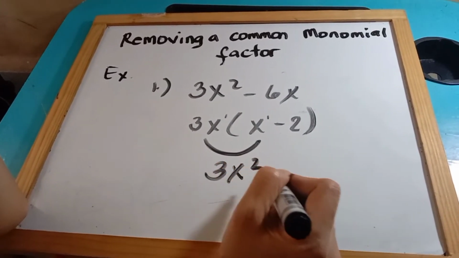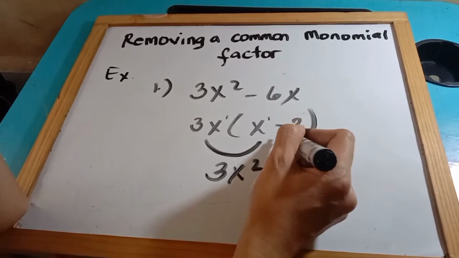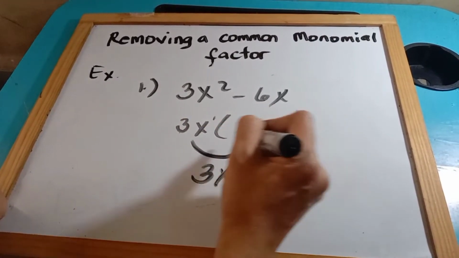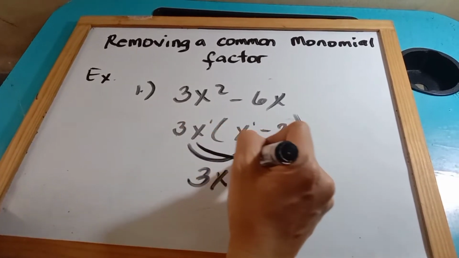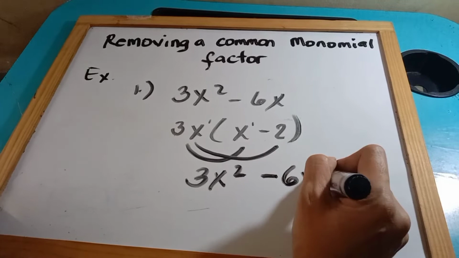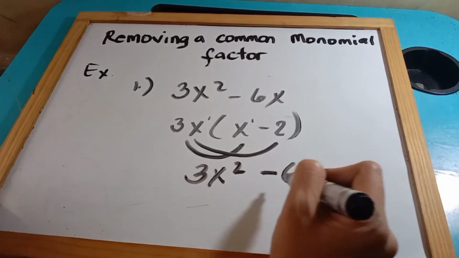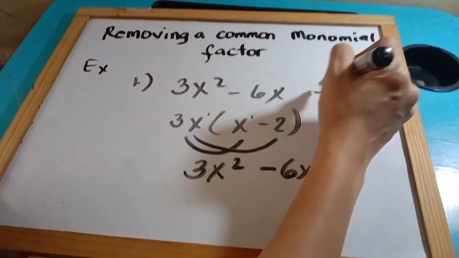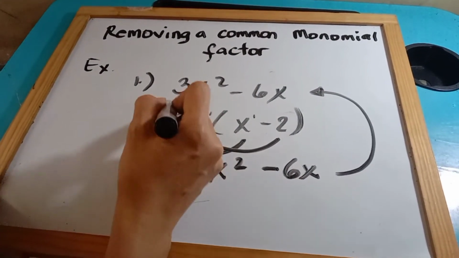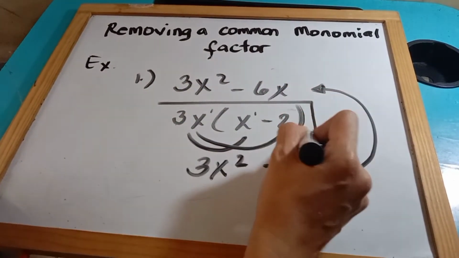So 3x squared. And then we have 3x times negative 2, so that is negative 6x. So 3x squared minus 6x. Yan. So kapareho siya ng ating given. So therefore, our answer is correct.